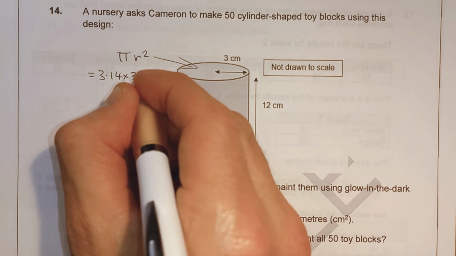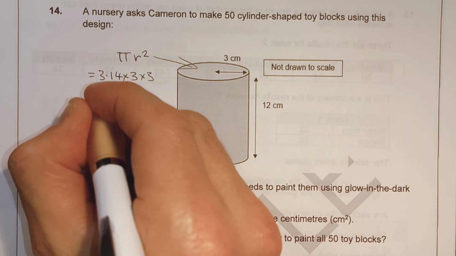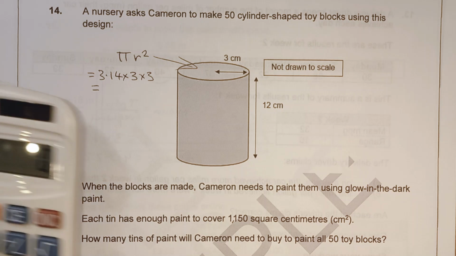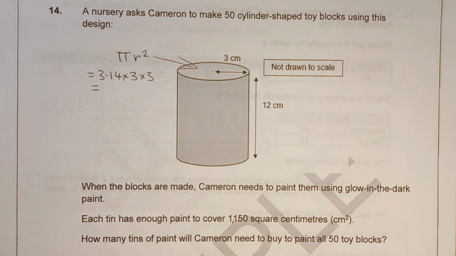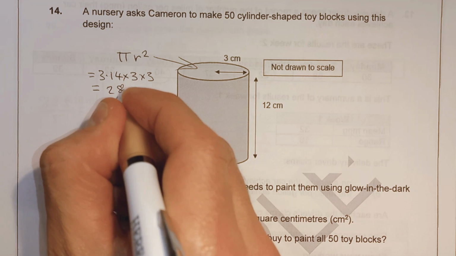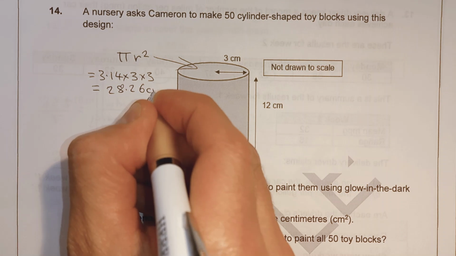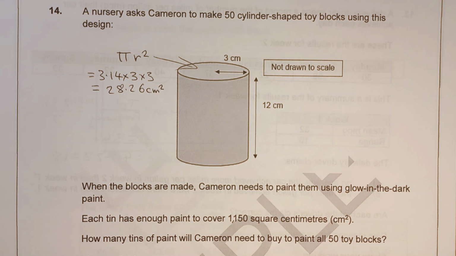So r squared would be 3 times 3. So 3.14 times 3 times 3, 28.26. That's going to be centimetres squared.